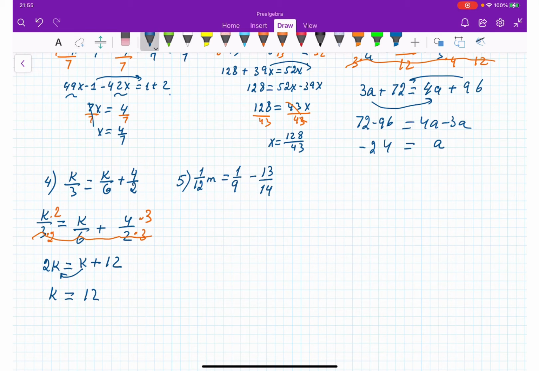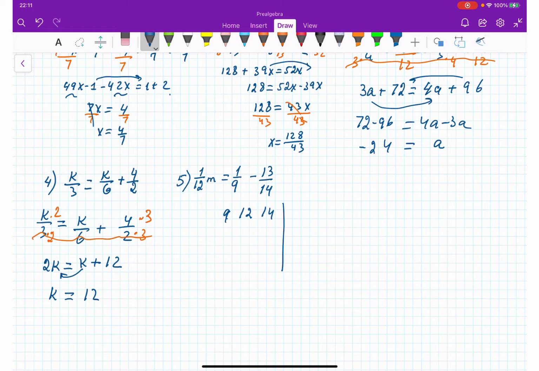Okay, so 12, 9, and 14 denominators. Since we have 3 of them, let me do this one time only. I'll show here. Other than that, you can watch common denominator on the video. So 9, 12, and 14.